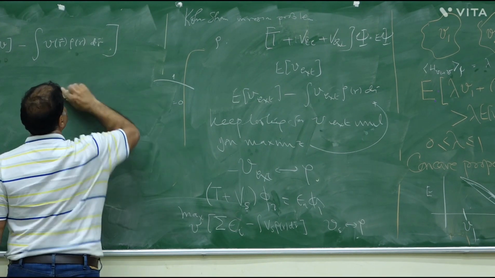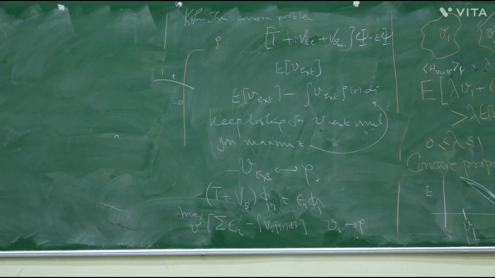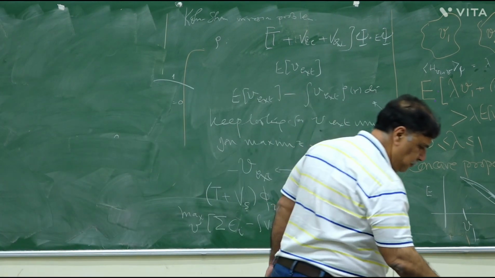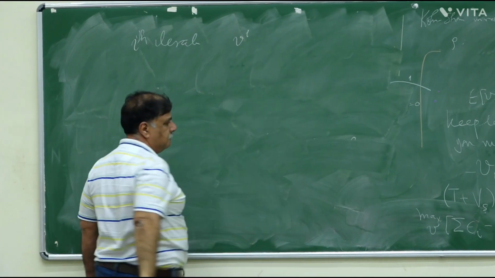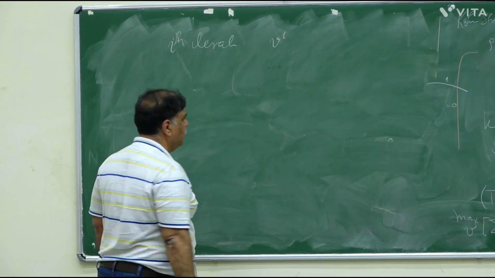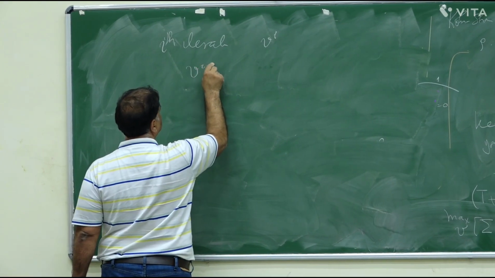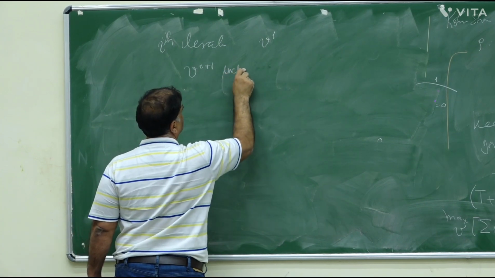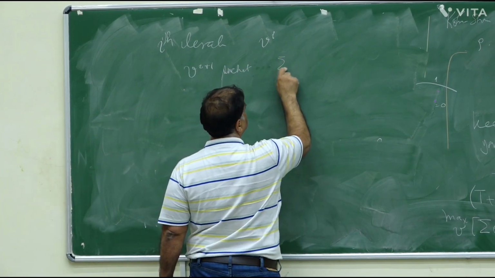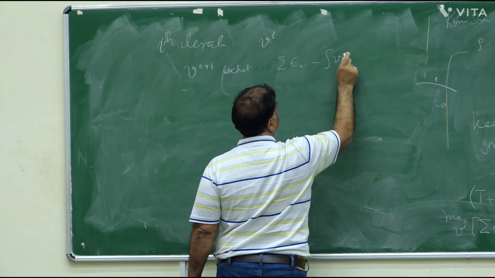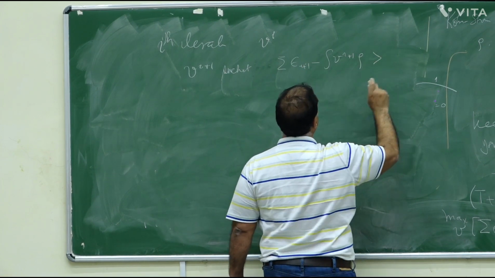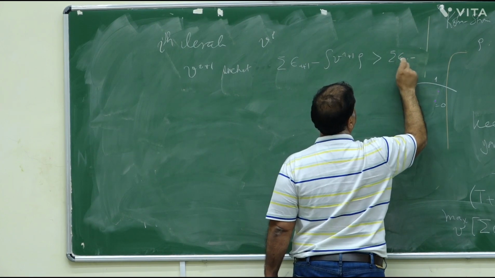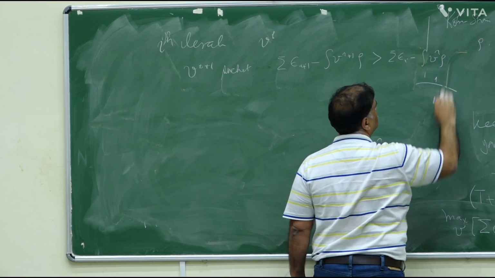It is an iterative process because you're just searching for V. Suppose at some iteration I have a potential V_i, and I want to find V_{i+1} such that the summation of ε minus the integral of V_{i+1} rho is greater than the summation of ε minus the integral of V_i rho.